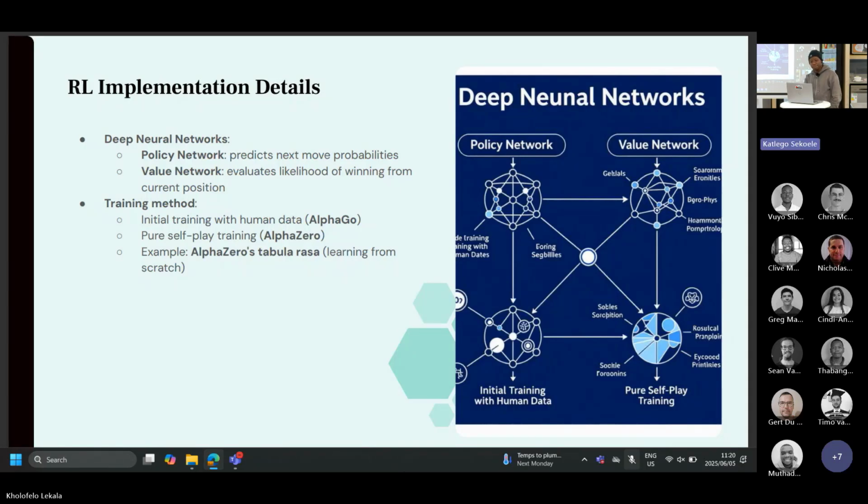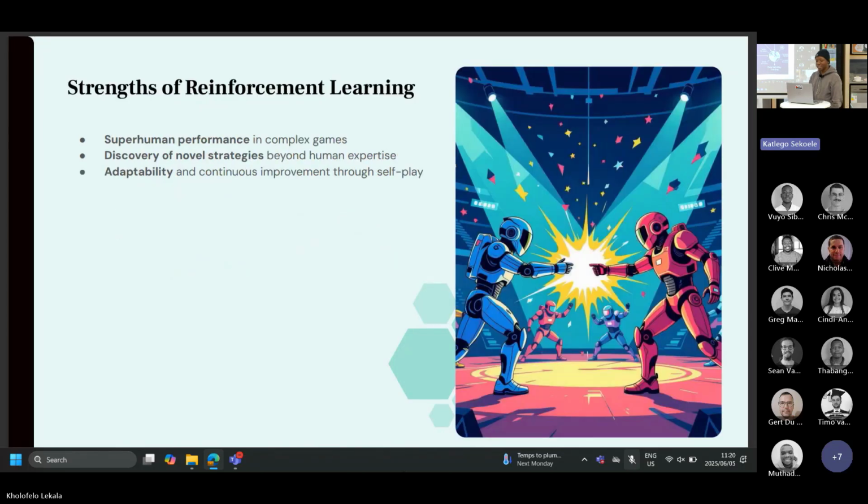The strength of reinforcement learning is that it uses an exploit and explore rule. As it goes through the games, sometimes it chooses to explore by not choosing the optimal move at a certain stage, to see whether it can find a better move. Or it can exploit by following the most optimal path to strengthen its knowledge of moves in that space.